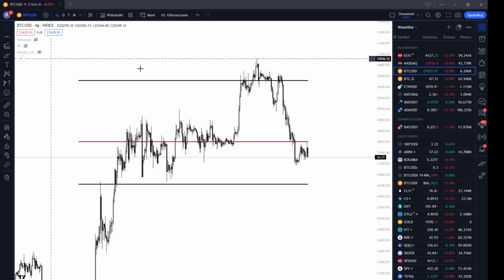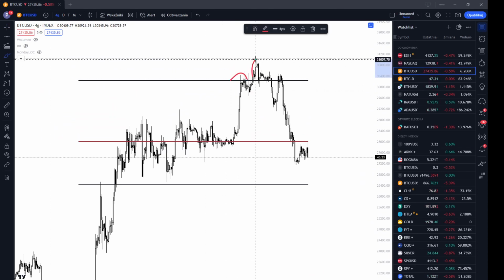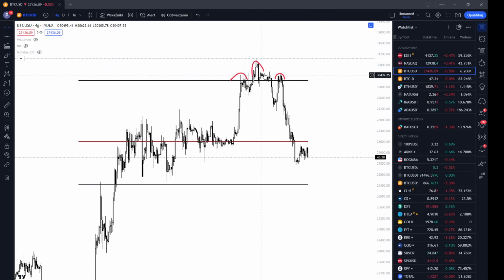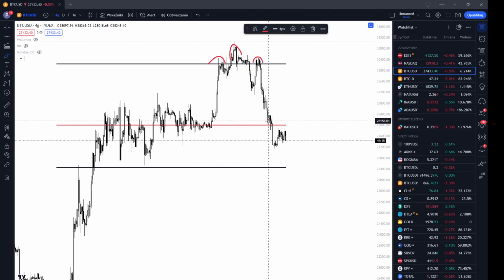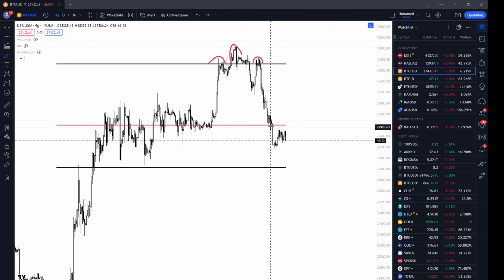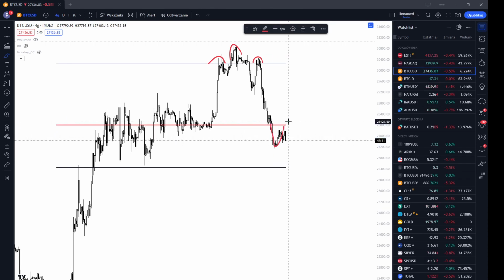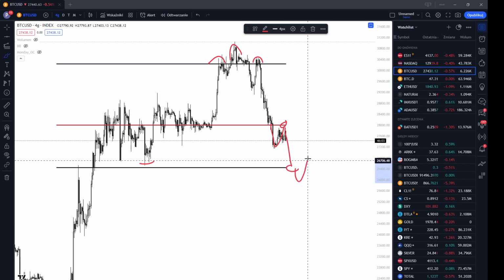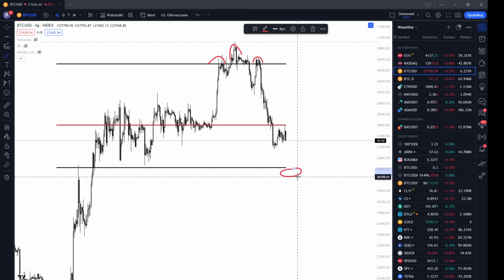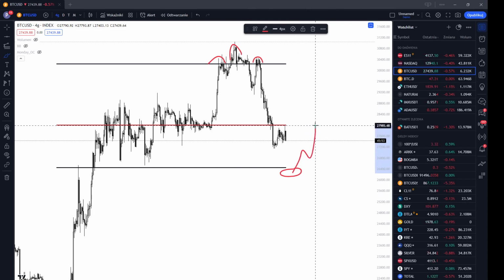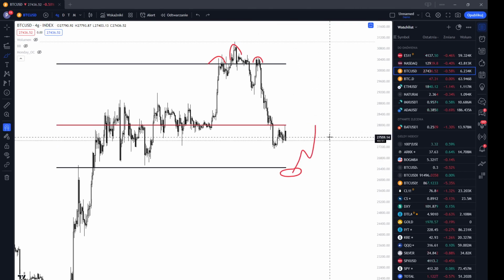We deviated above value area high once, twice, 3 times. Head and shoulders pattern, right? And then we came down below so we got a little bit of support here, and then went back. We tested it, and I'm pretty sure we will take out these lows from here. We will bounce from the value area high, or from underneath the value area high. So here will be placed too long, and we could go for like a test of this as well.